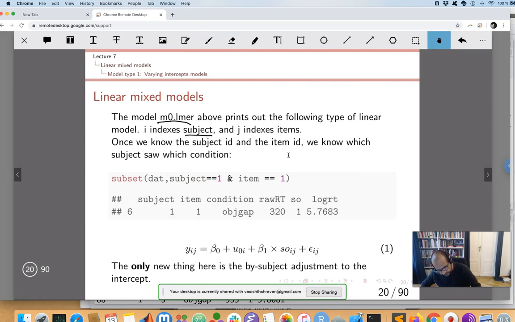I've got 42 subjects, so i equals 1 to 42. So i is going to index subjects, and let j index the items. I don't know how many, 16 items or something. So basically, in the data frame dat, which is the unaggregated data, once I know the subject ID and the item ID, I'm going to get a unique row in the data frame.